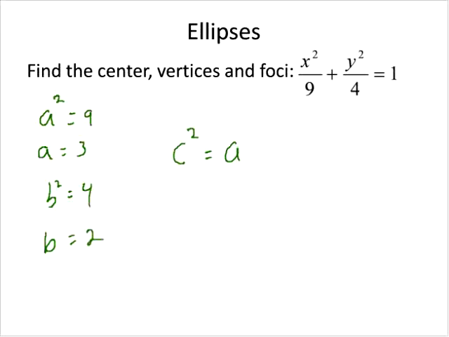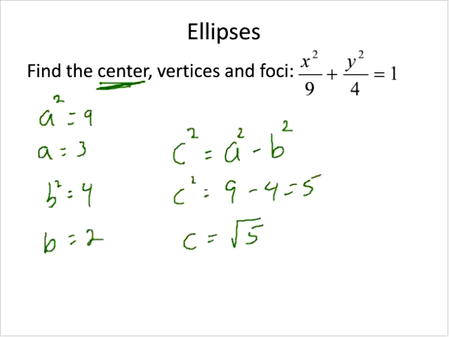Remember this relationship, c squared equals a squared minus b squared. c squared is equal to 9 minus 4, which is just 5. The c will always be positive, so we'll just say c is the square root of 5. Since there's no numbers added on to the x and the y, we know that the h and k, the center, is going to be at (0, 0).